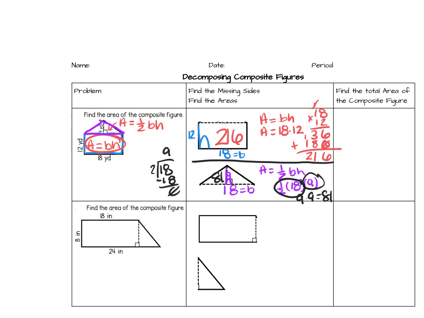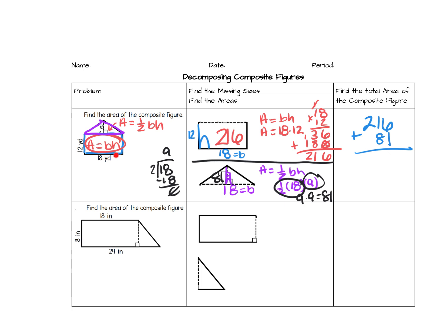So if I know that this rectangle part's 216 and this triangle part's 81, we can now combine those. So we're going to do 216 for my rectangle, plus, because that's not the only part of the shape, this triangle, 81.